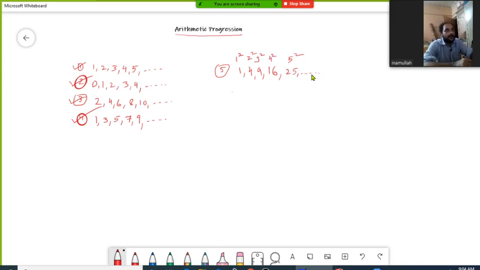Any number, any sequence, any series which follows a particular rule or pattern is called a sequence. But here we're talking about arithmetic progression.